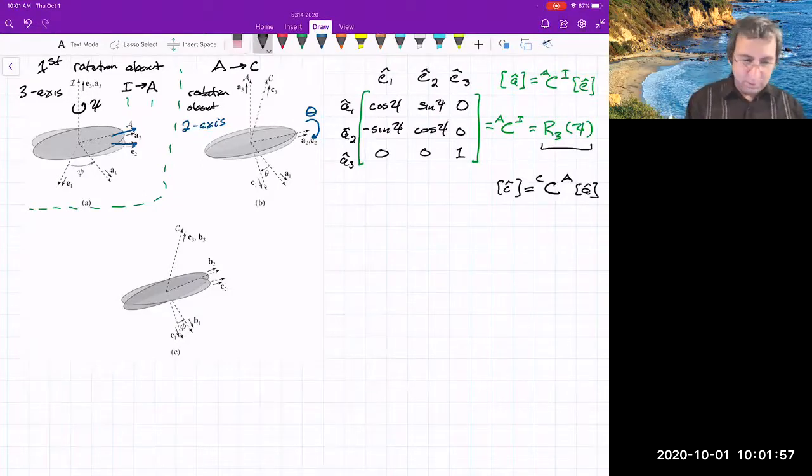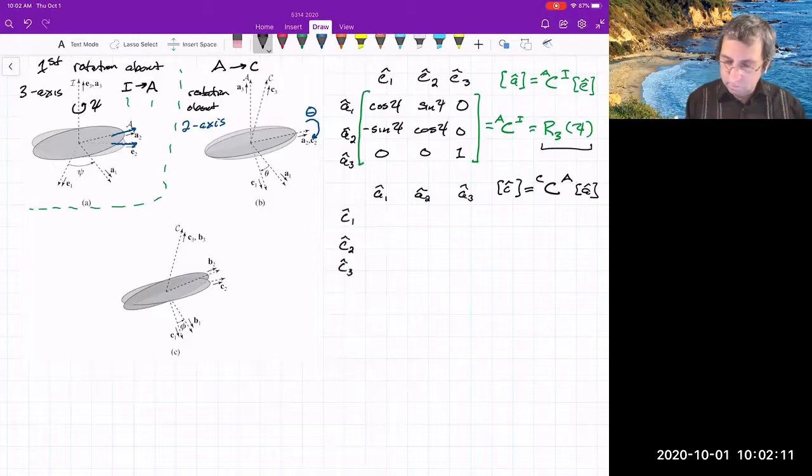Again, we make a table, but now the A unit vectors are along the top here, and then this intermediate frame, call it the C frame. Then the number 2 direction stays the same, so there's just a 1 and a bunch of zeros.